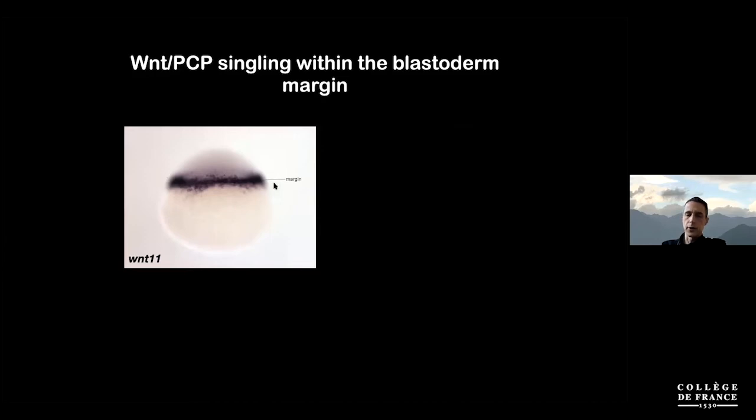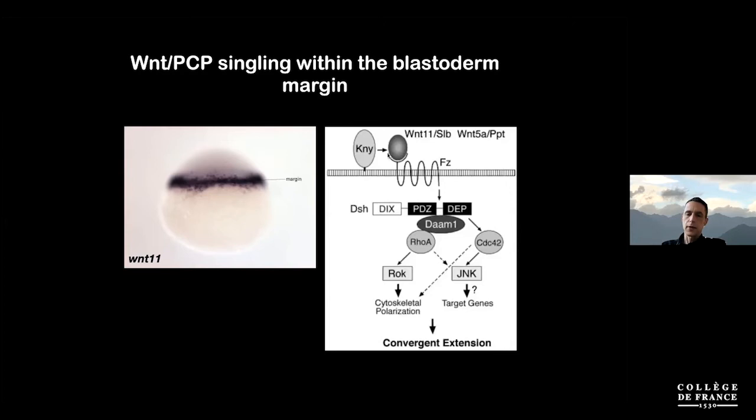And what Nicoletta noted, and we have noted before as well, is that the Wnt PCP signaling pathway is switched on right at the point of blastoderm doming movements within the margin and only in marginal regions of the blastoderm, but not within the center. And the pathway looks like that. This is one of these typical schematic diagrams where you have a ligand acting on receptors, and then it goes down to cytoskeletal polarization and the activation of target genes.